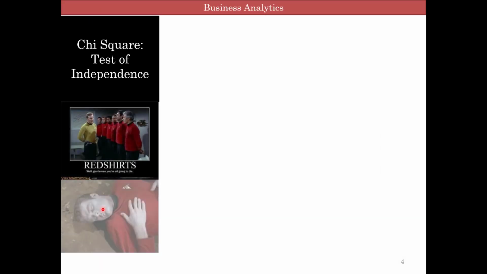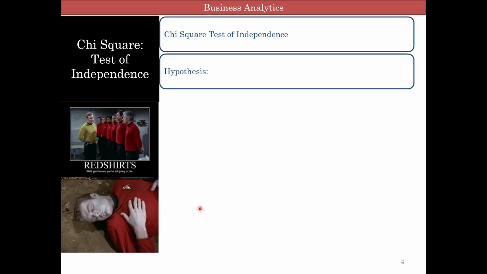So let's take this example, and I hope all of you have seen red shirts in Star Trek, and we all know that red shirts are going to die. So the theory is that red shirts have a high probability of dying. If you're in the first Star Trek episode and you have a red shirt, you have a high probability of dying.